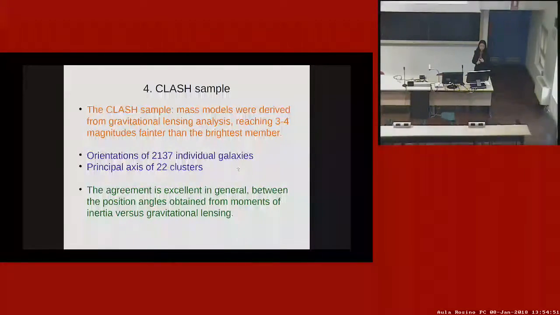They measured the orientation of 2,137 individual galaxies and the principal axis of 22 clusters in the CLASH sample. And they found that the position angle derived from the moment of inertia and the gravitational lensing have good agreement in general.